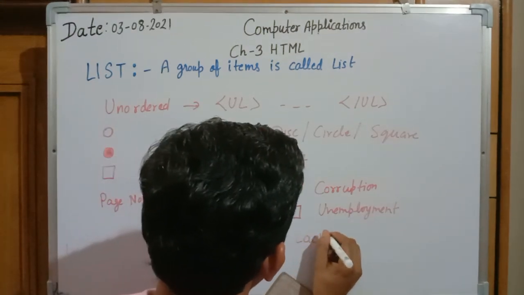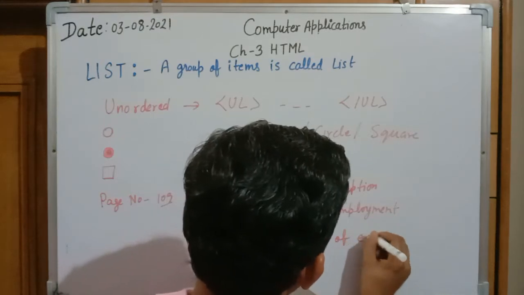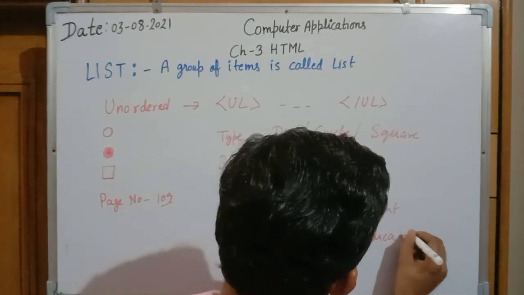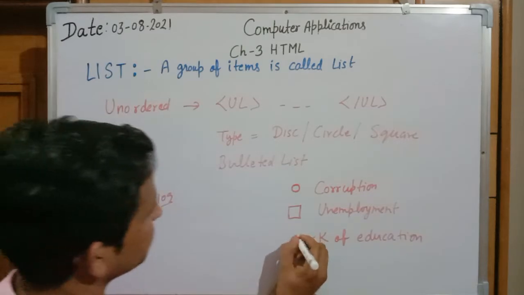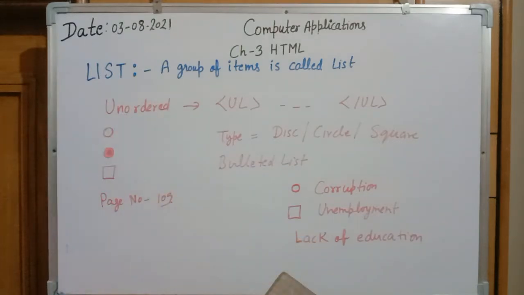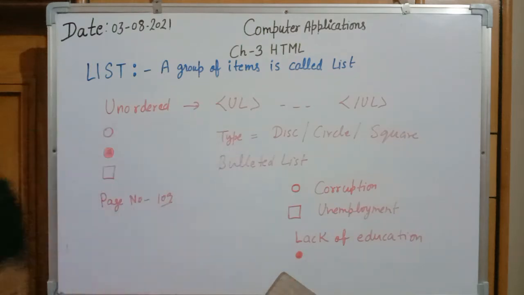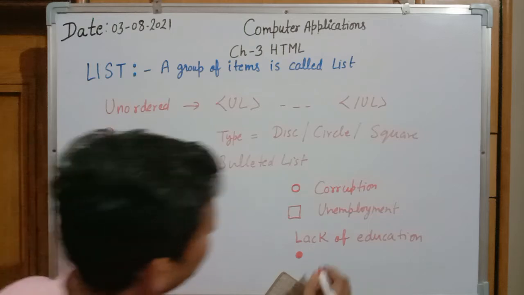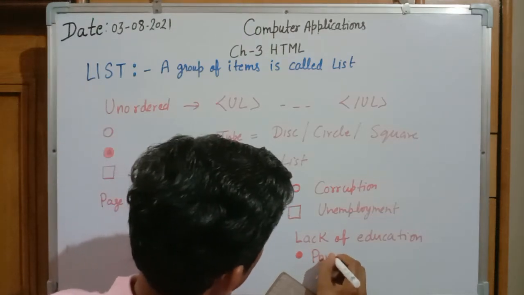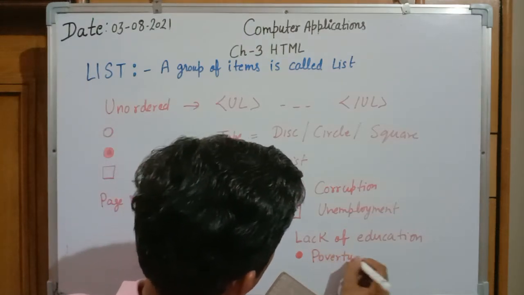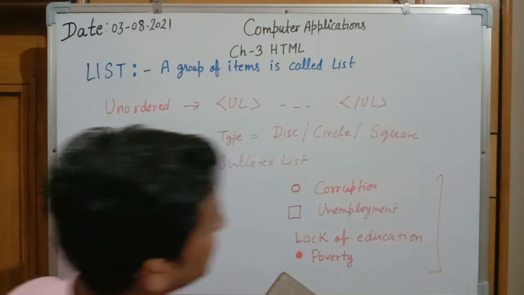And fourth is again an unordered list in which type is given as disc. Disc is your disc type, and the item given is poverty. So this is the output of your unordered list program.